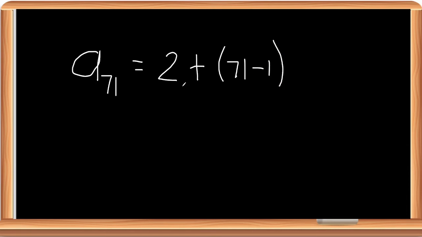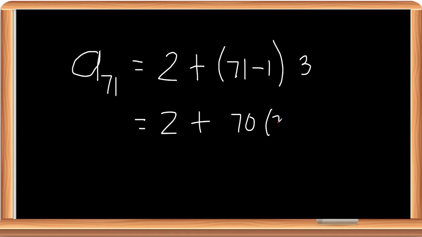Alam mo na that a sub 1 is 2. So, ilalagay na natin 2. And then plus, alam mo na, ng n is 71. So, 71 minus 1. And then, multiply mo sa common difference na nakuha natin, which is 3. So, a sub 71 therefore is equal to 2 plus, this is 71 minus 1, that's 70.